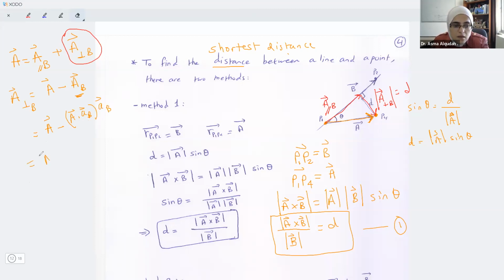And we can write it in this way: A dot B times B divided by the magnitude of B squared. Okay, so this way we can find the perpendicular component of A, and D should be equal to the magnitude of the perpendicular component. Okay. So this is method number 2 for finding the distance between a point and a line.